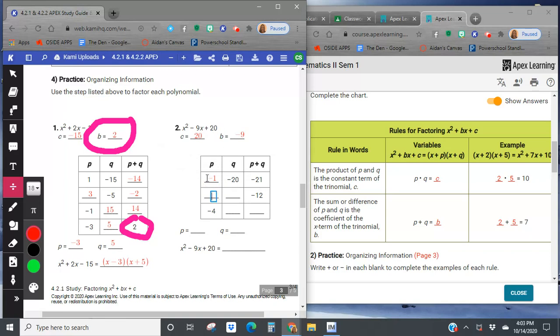Then we say what else times what else makes 20? How about 5 and 4? That's going to be down here, -5 times -4. And that gives me +20, so that's looking good.